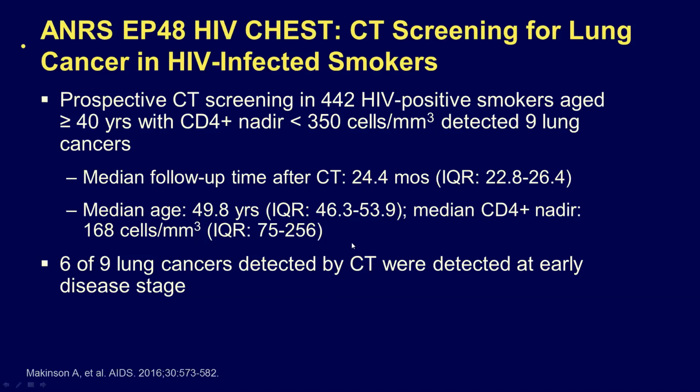But I think the take home here is that 6 of 9 lung cancers were detected by that CT scan, low-dose, non-contrast, and detected early enough to make a difference. So this is a developing database, but certainly a lot of foundation for this kind of approach to our patients who are smokers and HIV positive.